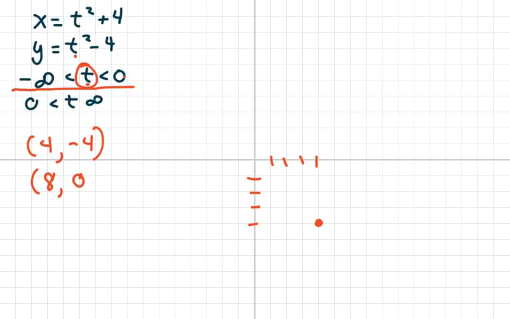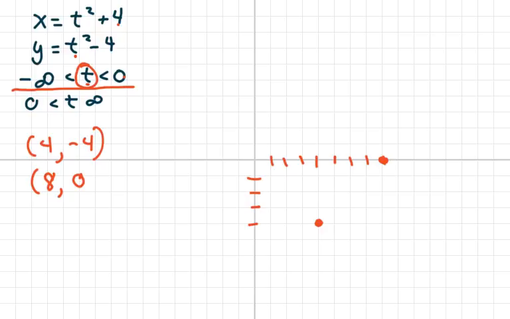So here it's 0, here it's 8, so 8 goes to 0 right here. 1, 2, 3, 4, 5, 6, 7, 8, right there.